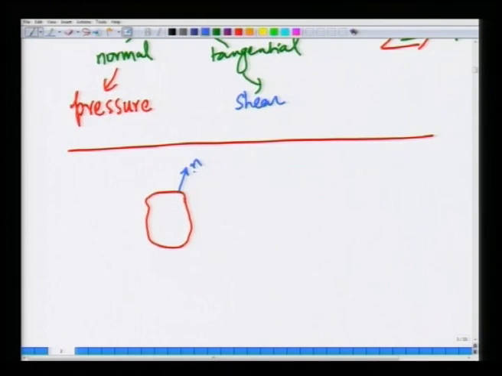So, this is a volume element in 3D, it is arbitrarily shaped, but since I can draw only a 2D version on this board, I have drawn a 2D version and the unit normal to the surface is n. Okay. Suppose you consider this, let me draw this slightly better.